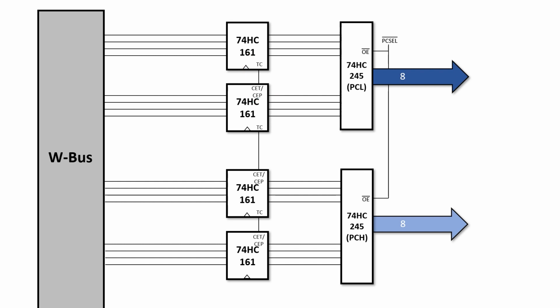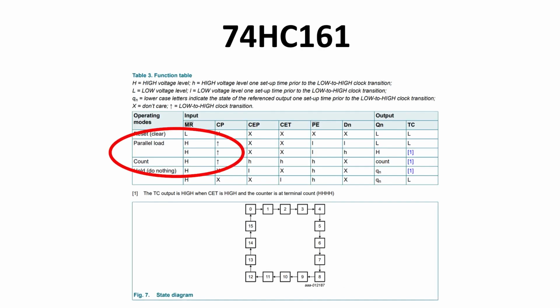But that's not the whole story. A positive edge on clock on this chip can cause both a count and a parallel load. It uses the parallel enable input to differentiate between a count and a load. If this PE bar signal is low, then the load occurs, and we want to use this for jumps and branches. But if this signal is high, then we get an up count on the positive edge of clock, which is what we want in this case.